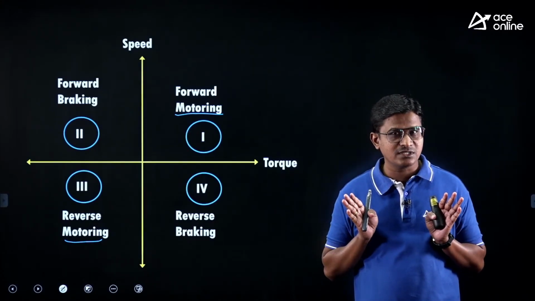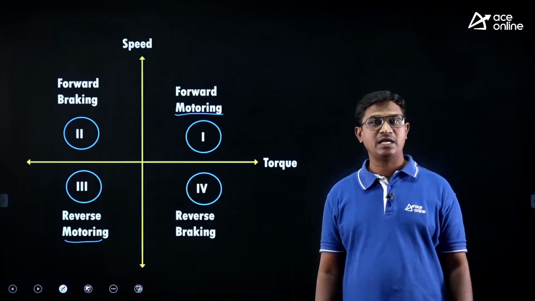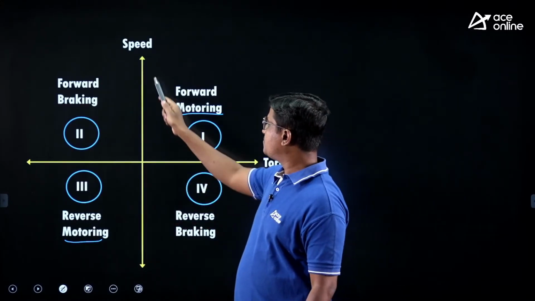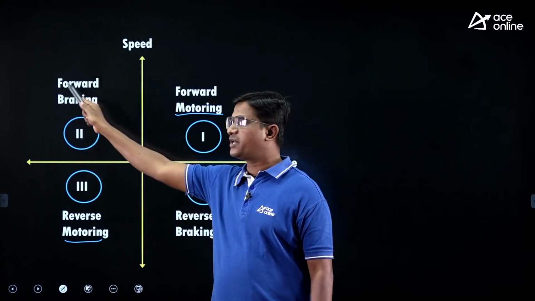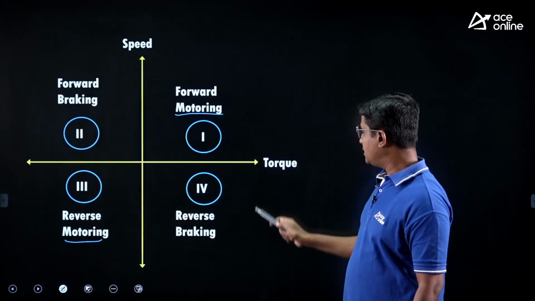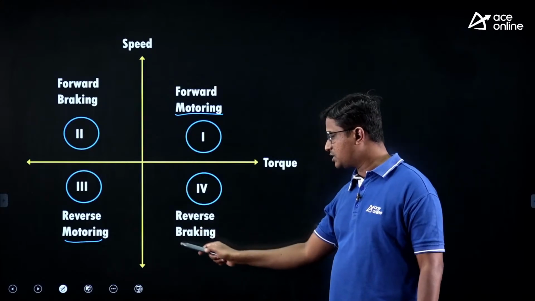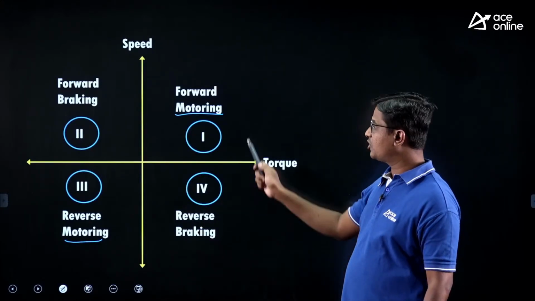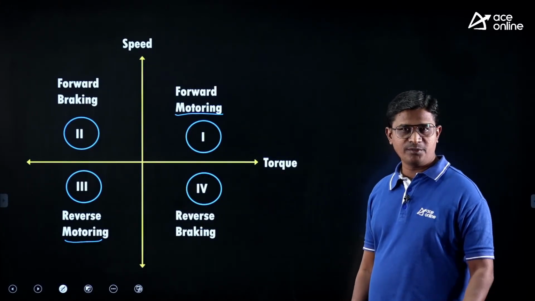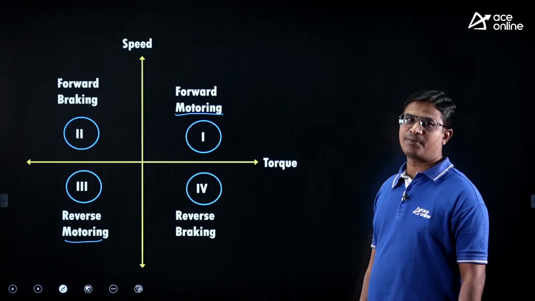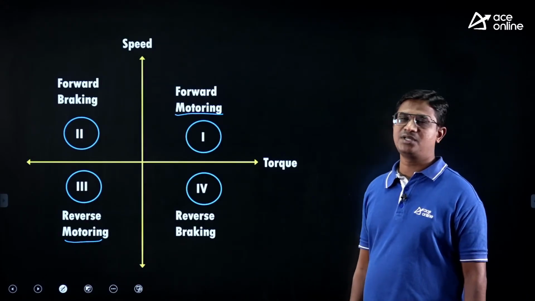The torque which opposes the speed is nothing but braking. Here speed positive, torque negative, so it is a braking operation. Here torque positive, speed negative, this is also braking operation. So in motoring operation, speed and torque are in the same direction. In braking operation, speed and torque are in opposite directions.